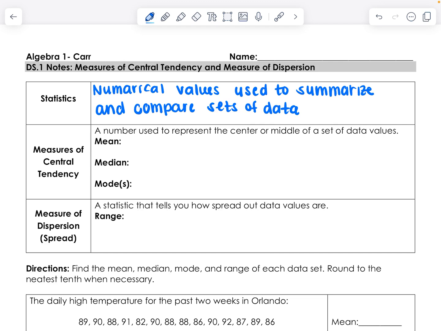So we have these things, we call them the measures of central tendencies, and they're numbers used to represent the center or the middle of our data sets. And those are the mean, median, and mode.